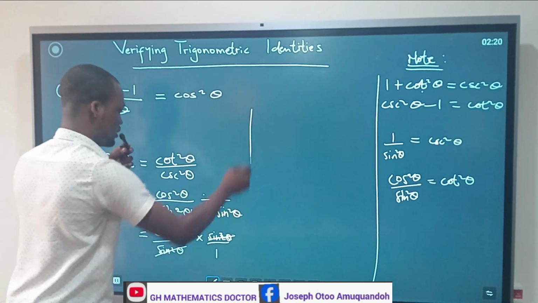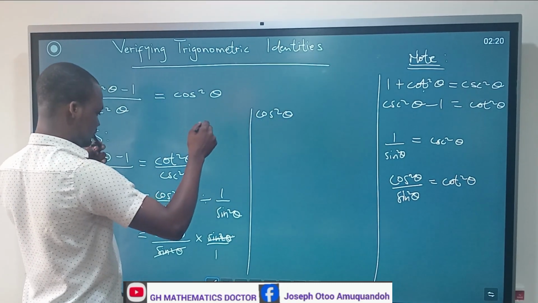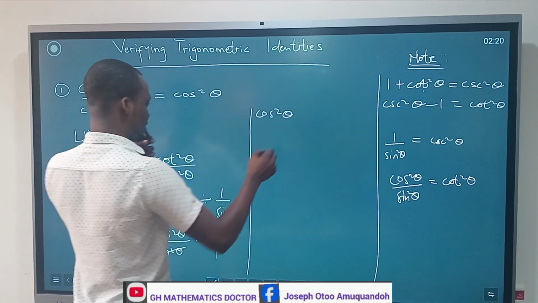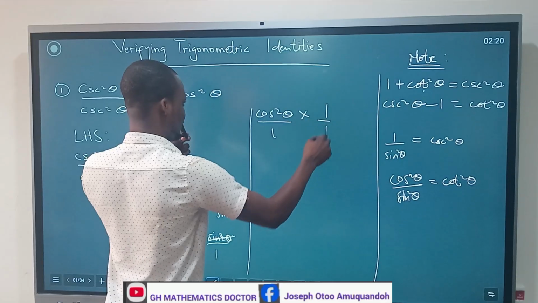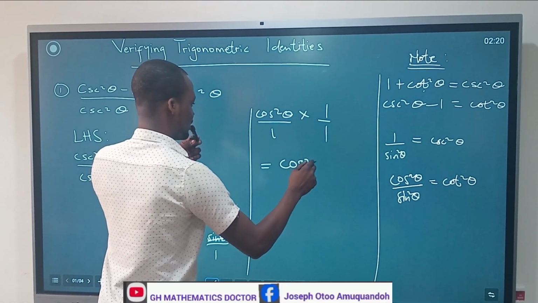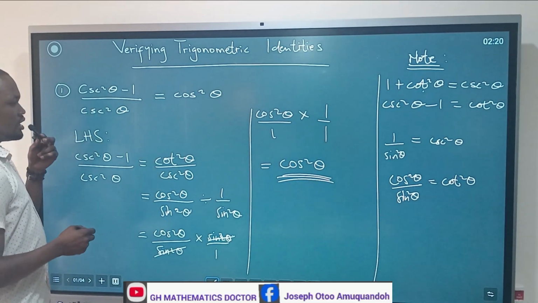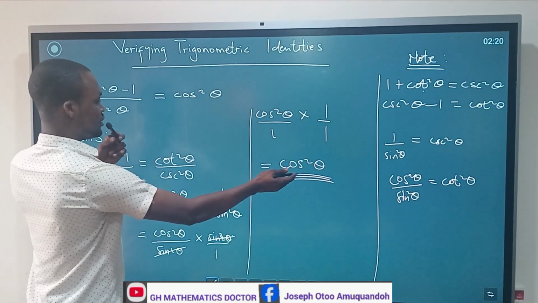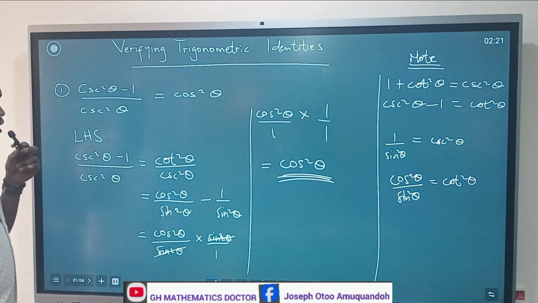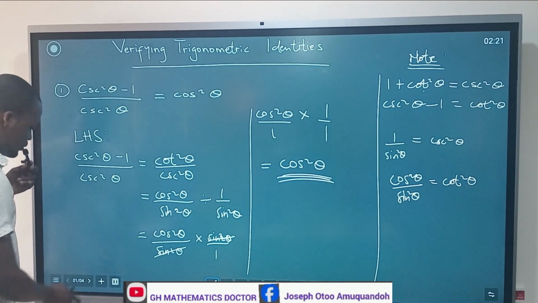Then you are going to be left with cos square theta over 1 times 1 over 1, and that gives you cos square theta. So the left hand side has been proven to be equal to what we have at the right hand side. So this is how we can prove basic trigonometric identities. Let's have a look at more examples.